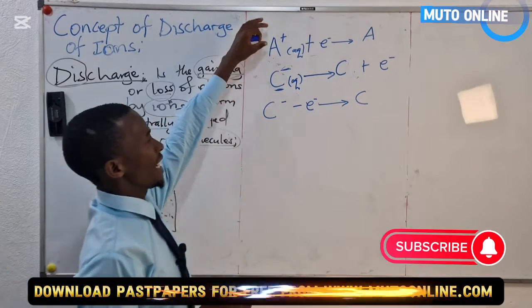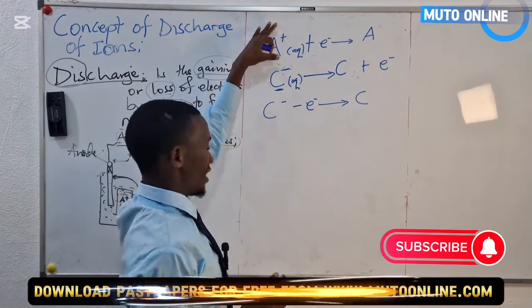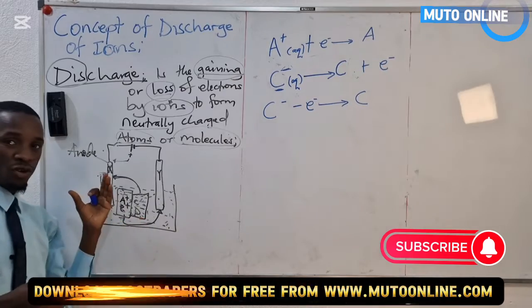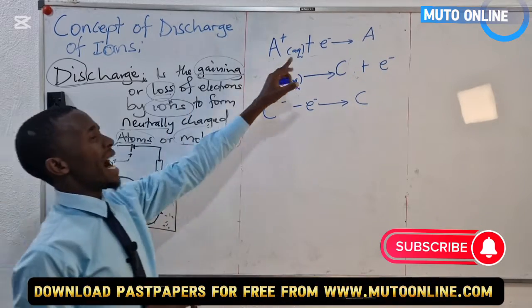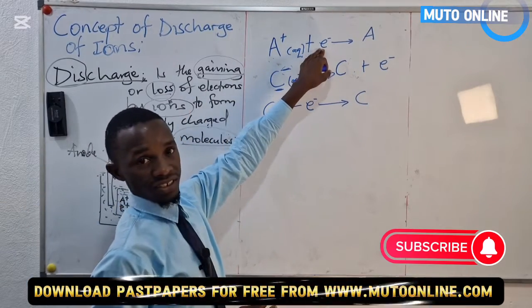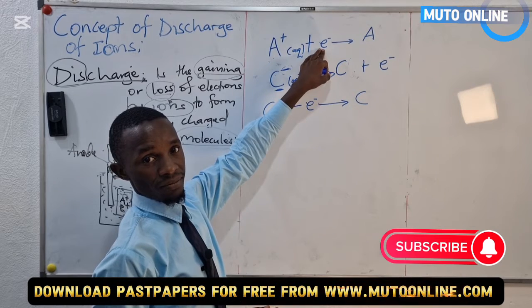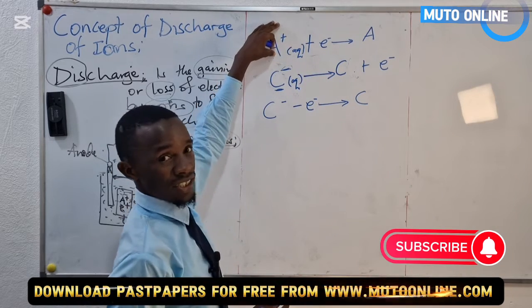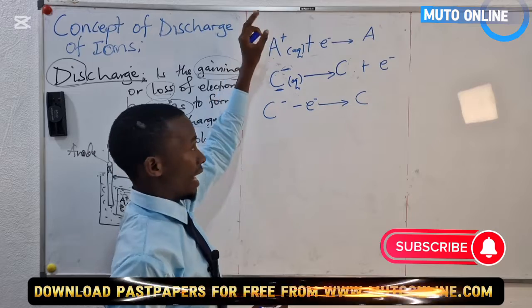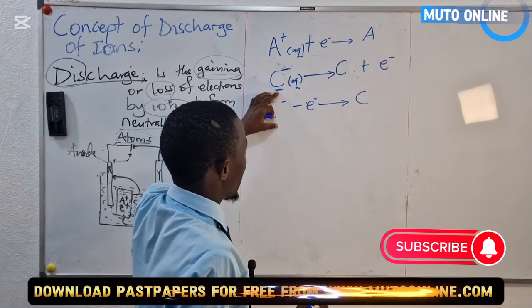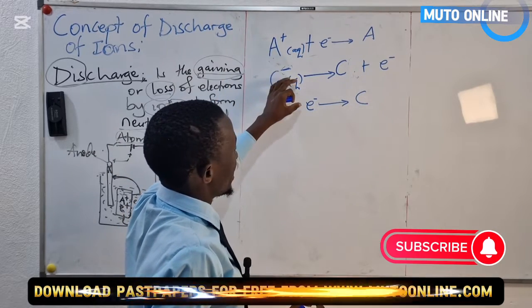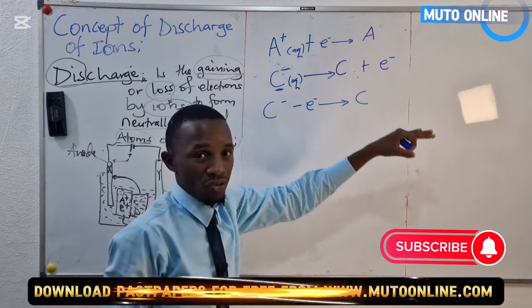So the positively charged ions in an electrolytic cell will be discharged by gaining of electrons, the atom previously lost, and the negatively charged ion will be discharged by loss of electrons.